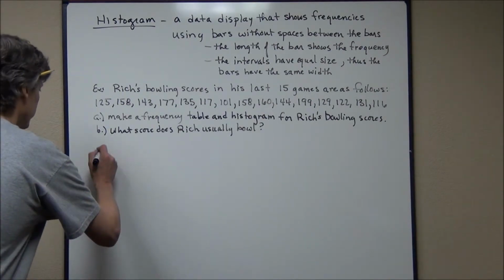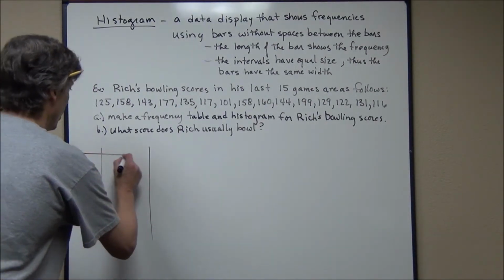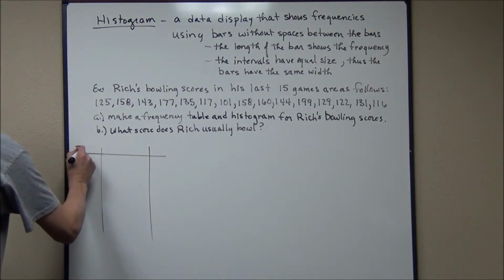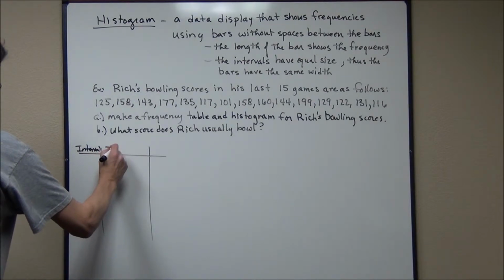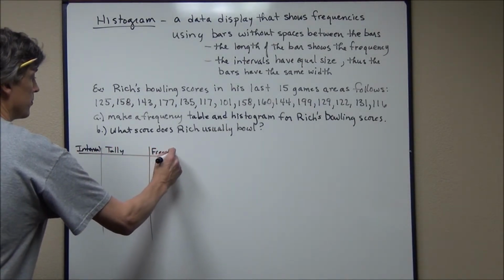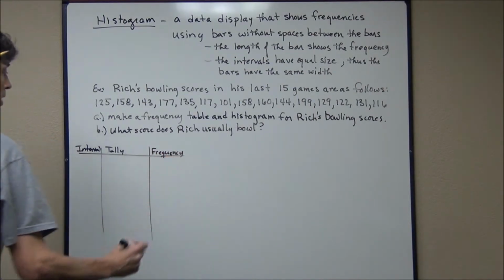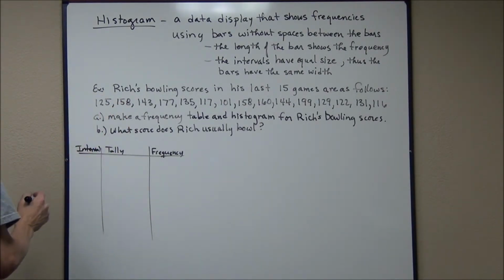So first, I'm going to draw this out. Now remember, this is the interval, this is the tally marks, and this is the frequency. Since his scores go down as far as 101 and up to 199, I'm going to go by jumps of 10 here. Actually, you know what?